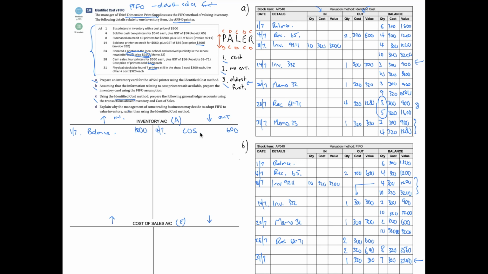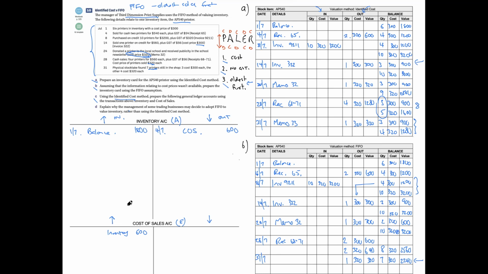And this gives us a clue that this is a transaction where we need to record our inventory going down in our cost of sales ledger, and our cross-reference here is going to be inventory, and it will occur on the 4th of the 7th. I can't write the 4th of the 7th because something on my computer is blocking it, but you should write the 4th of the 7th there.